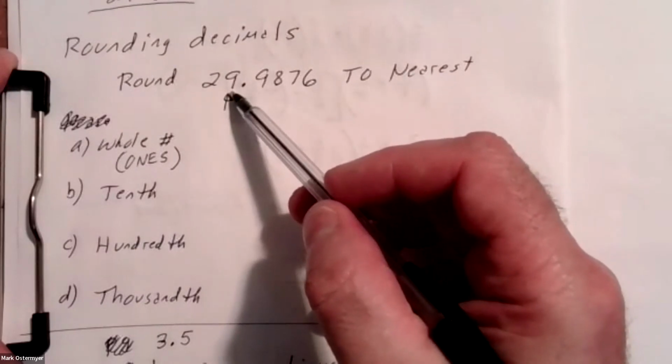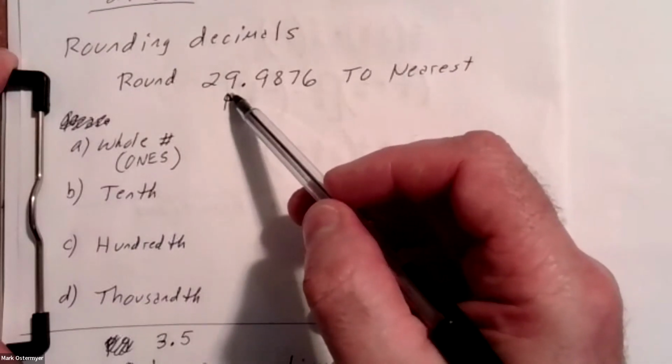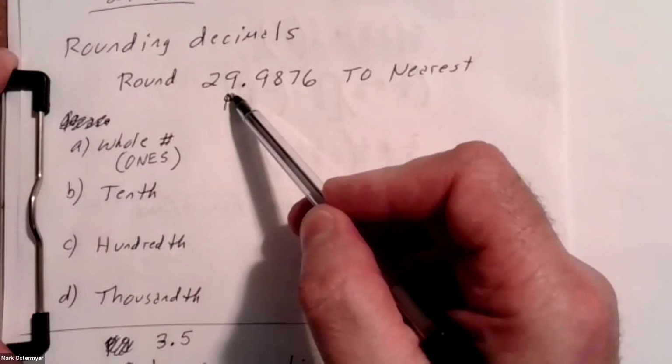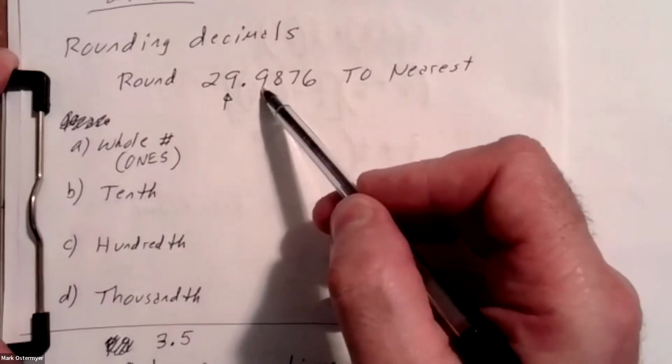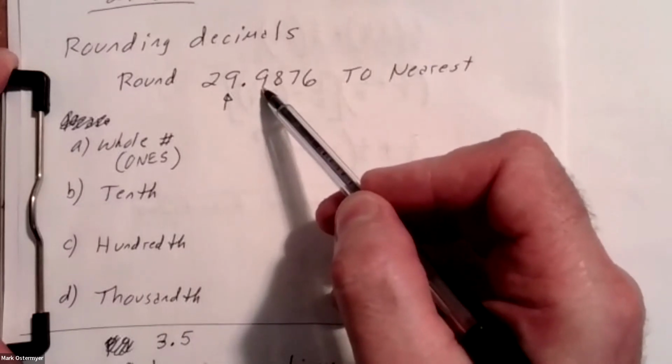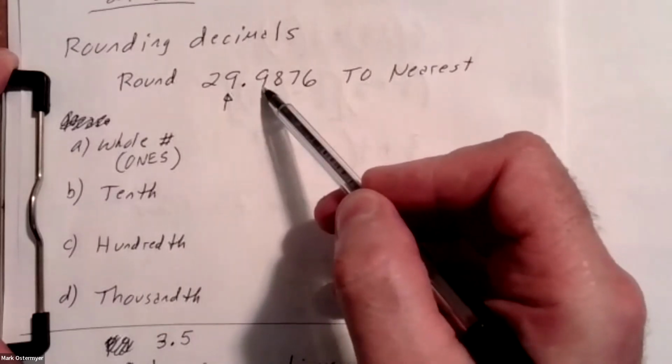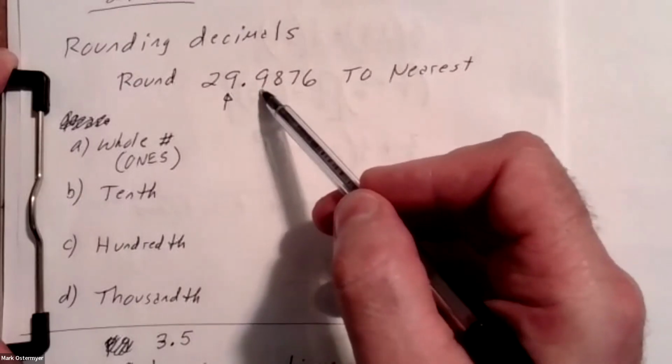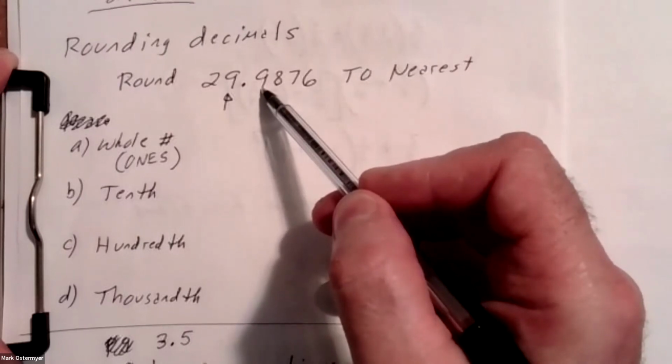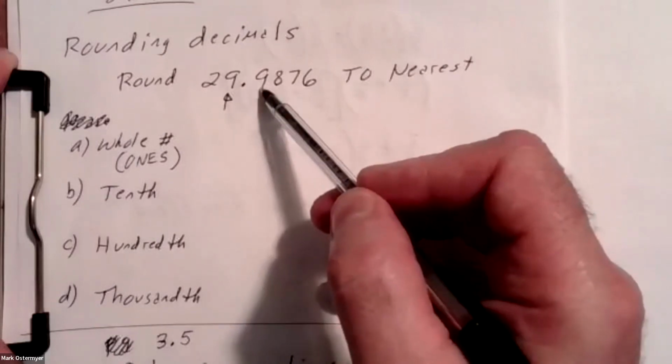First of all, we locate our round off place, which is the ones place. Then we look to the digit immediately to the right of the round off digit, and we see that we have a 9 here. And we ask ourselves this question, ladies and gentlemen, is this 9 5 or larger than 5? Or is it less than 5? What's the case here? Is 9 larger than or equal to 5 or less than 5?